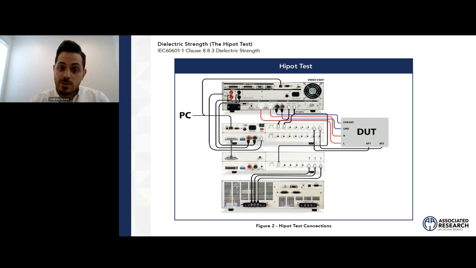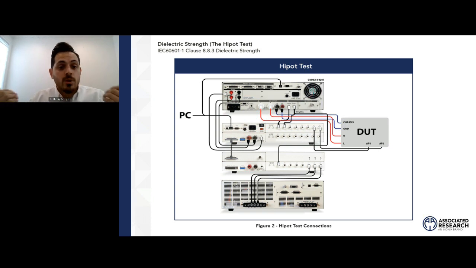What's great about the Omnia is it can short line and neutral internally. So now these points are shorted to the high side of voltage. Our case lead here becomes the low side of voltage on the chassis.